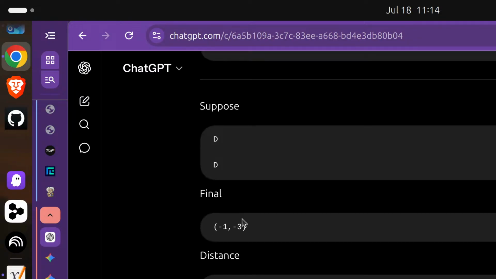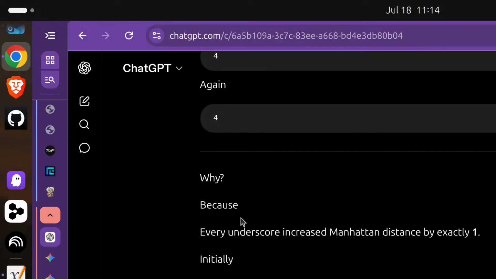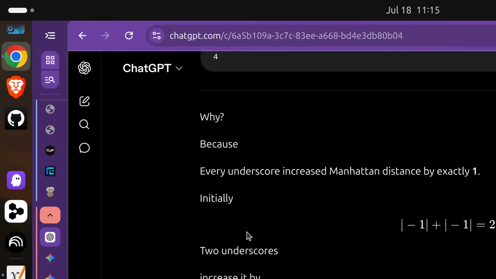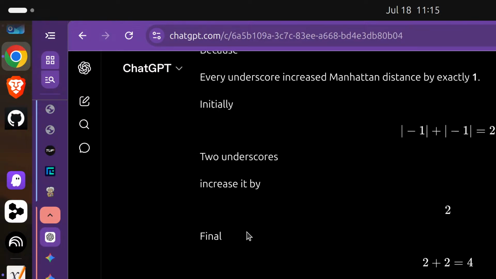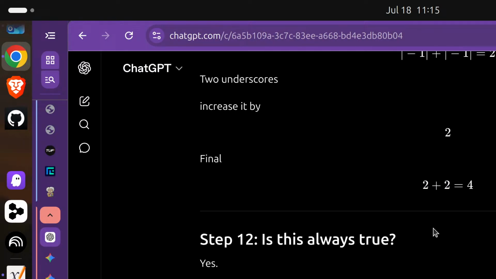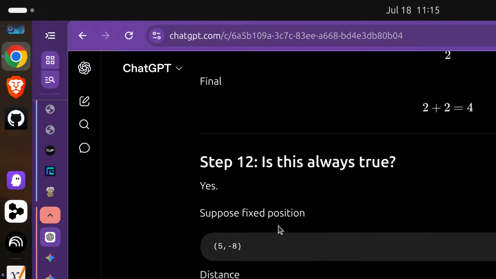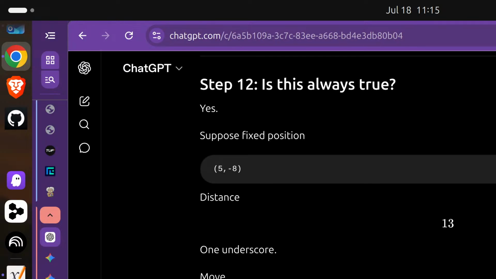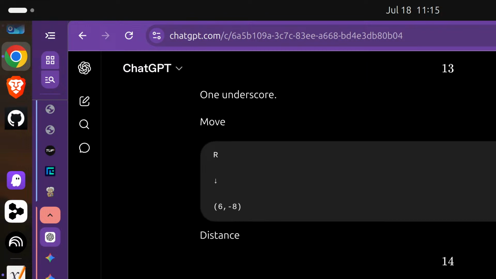Because every underscore is increasing my distance by 1, so increase by 2, giving 4. Okay, so is this always true? Yes. So if the fixed position distance is 8 and there is 1 underscore, it will give 9. Okay, increase by 1.